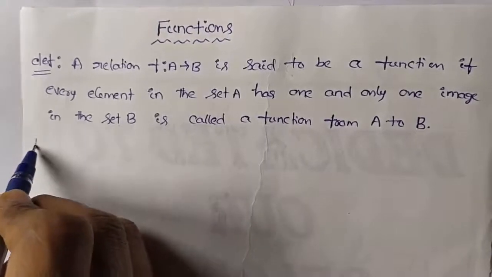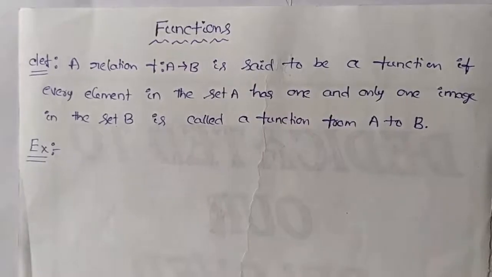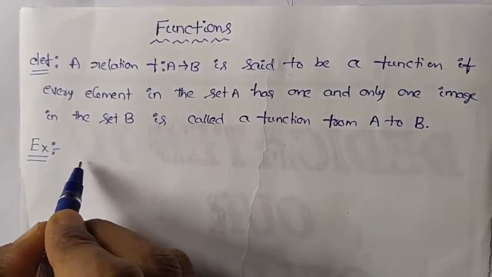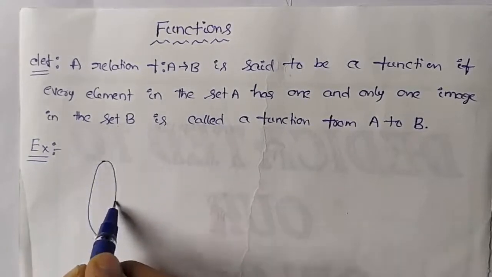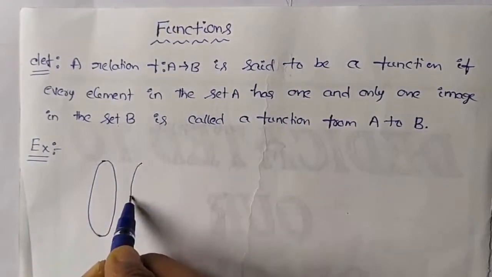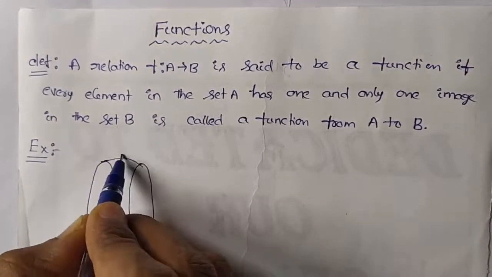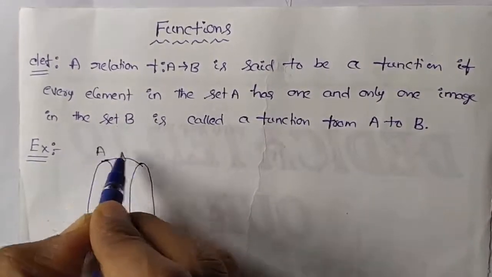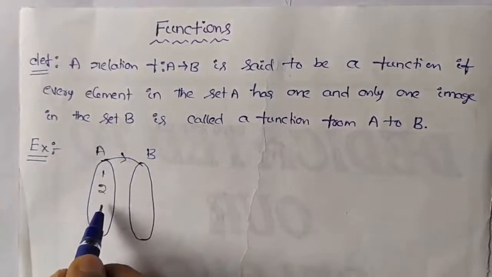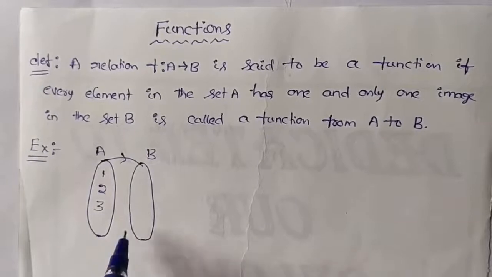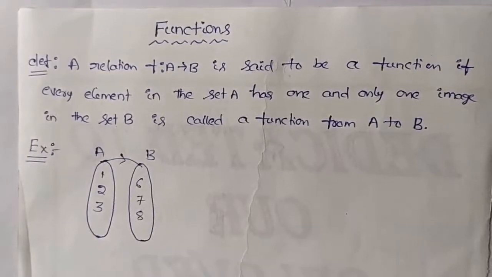For example, suppose we have one relation from A to B. Here A is 1, 2, 3 and B is 6, 7, 8.